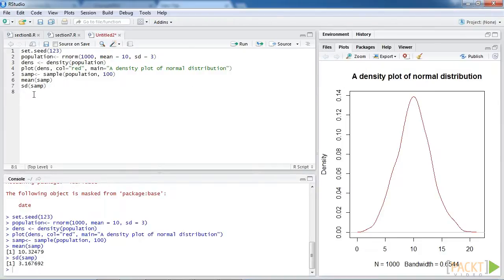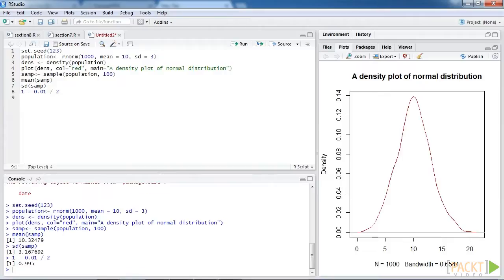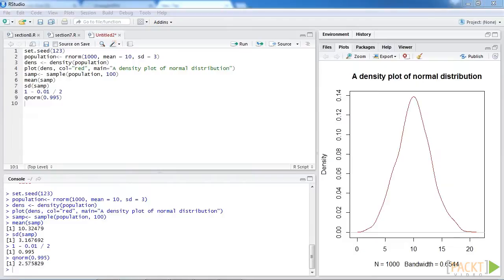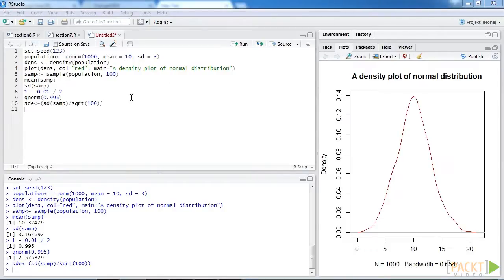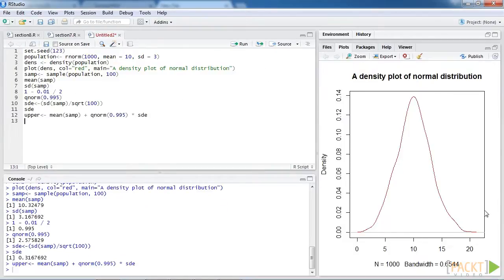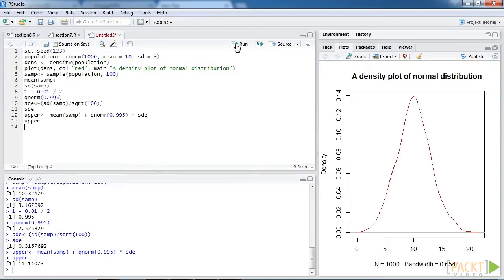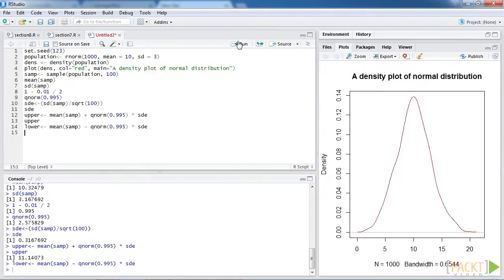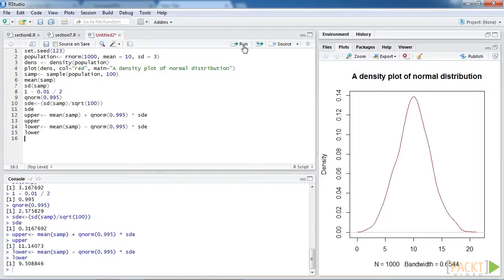At this point, we can obtain the z-score at a confidence of 99%. It's 0.995. We can now compute the standard error and estimate the upper and lower bounds of the population mean. First, we call the upper function. Here, this is the output for that. Now let's call lower. And here is the output value.